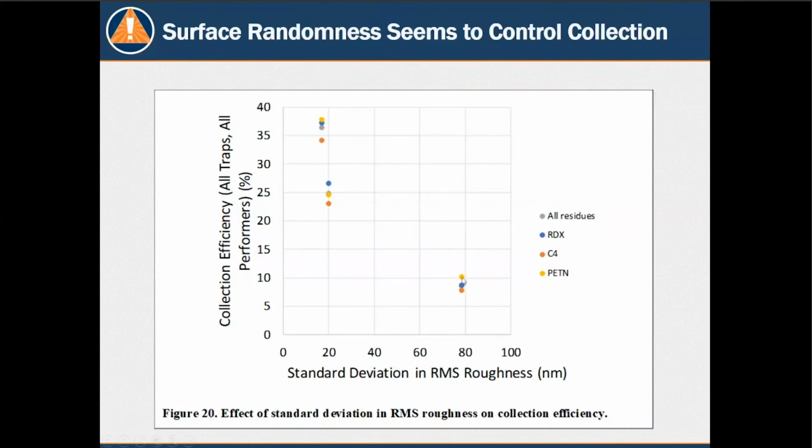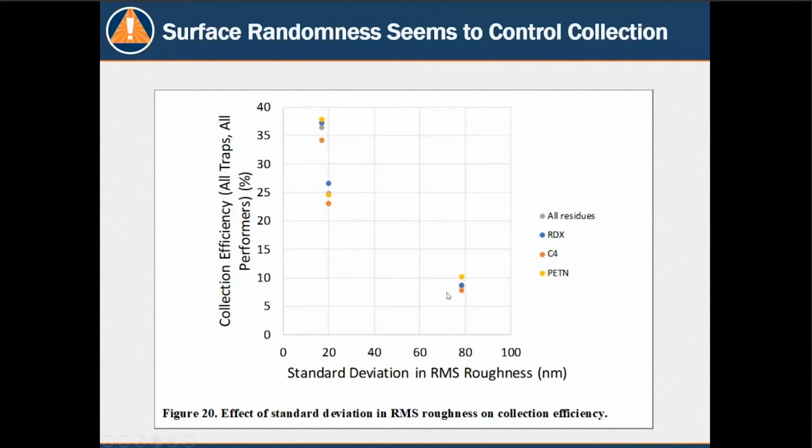So you can look at PETN, for the surface that had the smallest standard deviation in the roughness, we had the overall best collection efficiency, and this is averaged over all traps in all universities. PETN, the smoother surface or less variation in the roughness, gave us the best recovery. More variation in the roughness, poorer recovery. Most variation in the roughness, worst recovery. The same held true for the RDX and for the C4 and for the average of everything in gray.